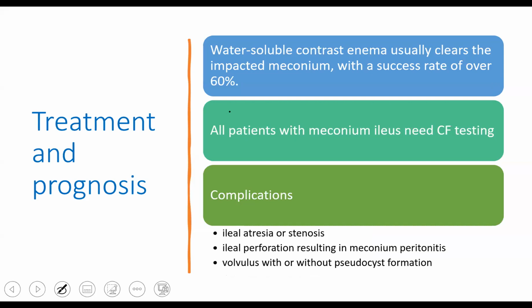You might try from the beginning, or the second time you try the water-soluble contrast. Usually that's what they use, hyperosmolar or water-soluble, and the success rate is up to 60% of the time. And in that case, you always send for cystic fibrosis. You need to do the test for cystic fibrosis.